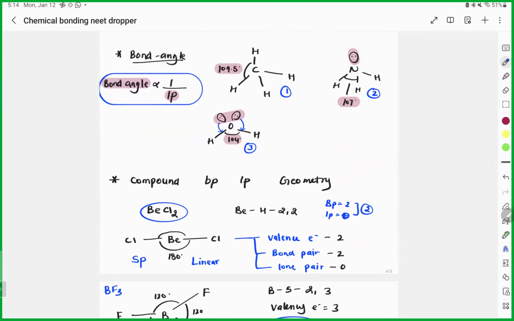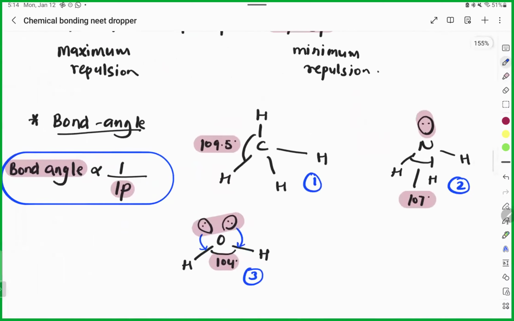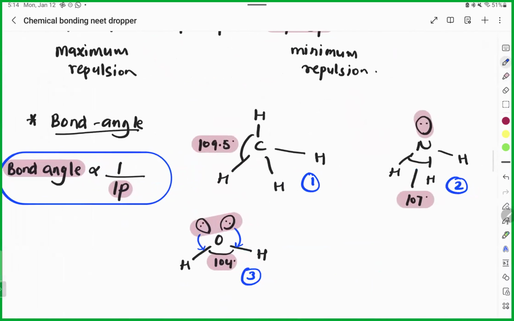Sir, can you explain? Yeah. What I am saying is that the examiner will ask you where you will have maximum bond angle or minimum bond angle. How to know? You have to check how many lone pairs are present. Example, in case of CH4 methane, bond angle is 109.5. You don't need to remember the number, it is just given.